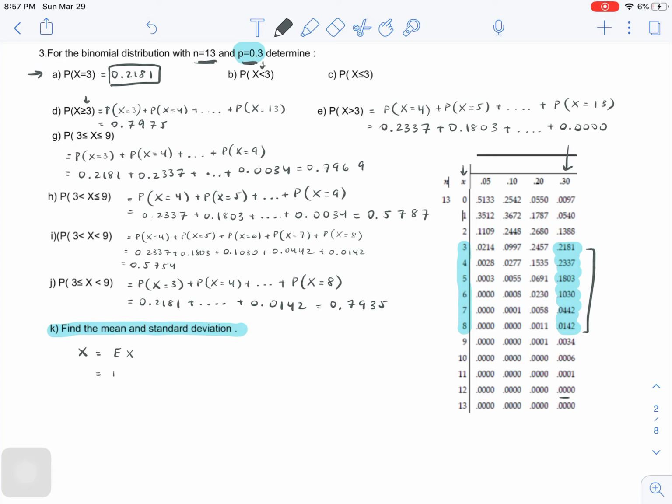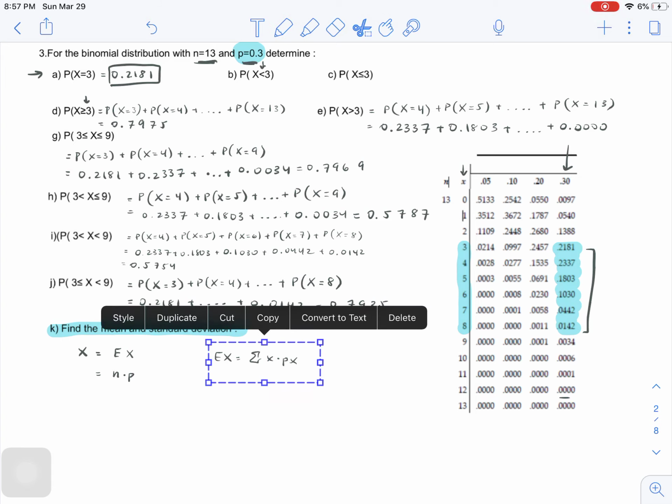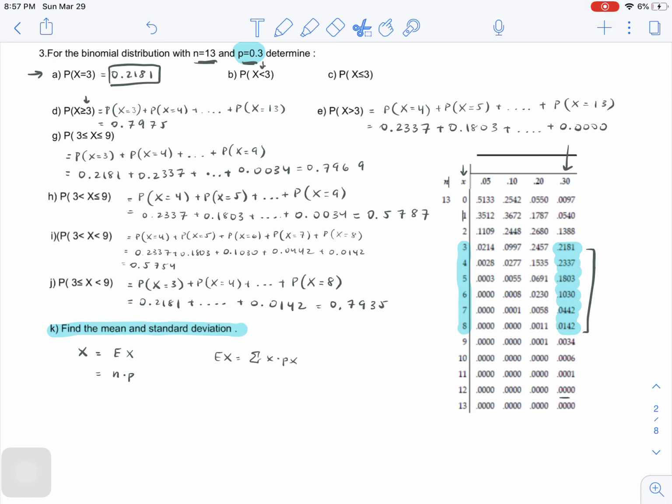The mean is just n times p. So the expected value equals n times p. We can only use this shortcut when we have a binomial random variable. Keep that in mind. Otherwise, we have to use our formula: x times p of x, sum that over all the possible outcomes. This will also work for a binomial random variable, but there's no need to go to all that work when we have our little shortcut here.